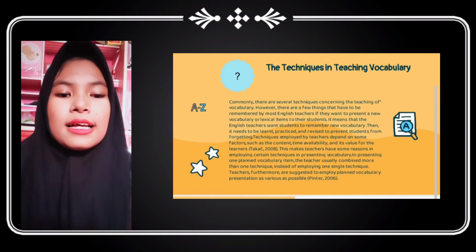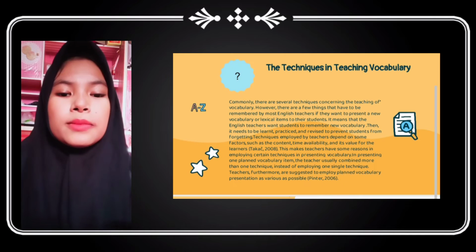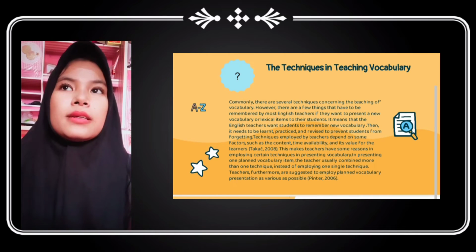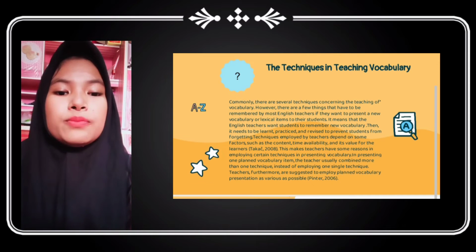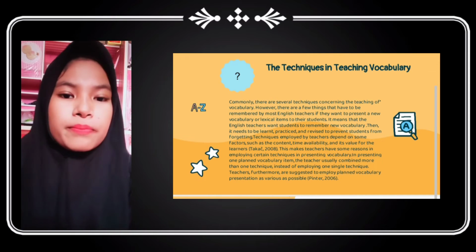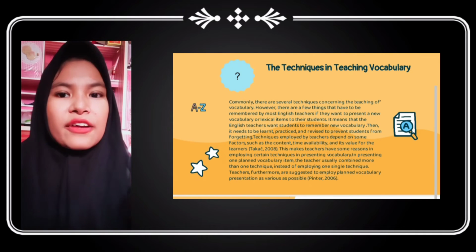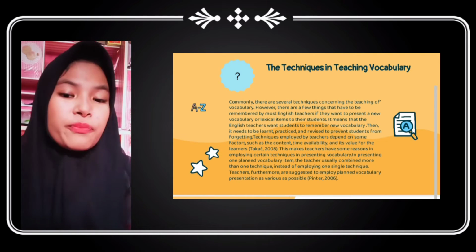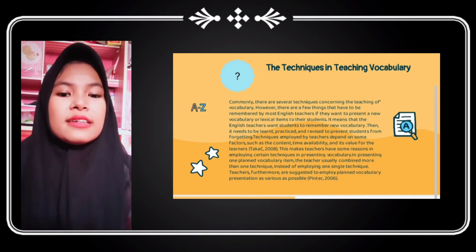It means that if the English teacher wants students to remember new vocabulary, then it needs to be learned, practiced, and revised to prevent students from forgetting.